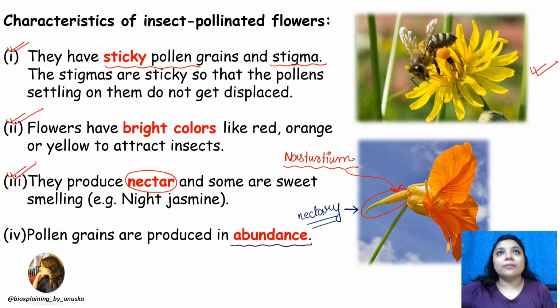Say if we are talking about wind pollinated flowers, the wind can blow in some different direction altogether. So overall, when we consider cross pollination, there is a high chance of wastage of pollen grains, right? So to make up for that loss and to increase the chances of fertilization, what does the flower do? The flower produces pollen grains in very large quantities.